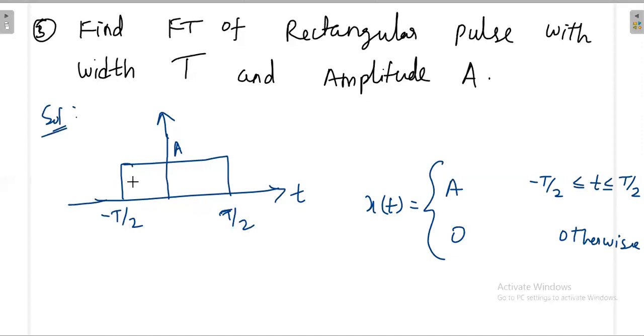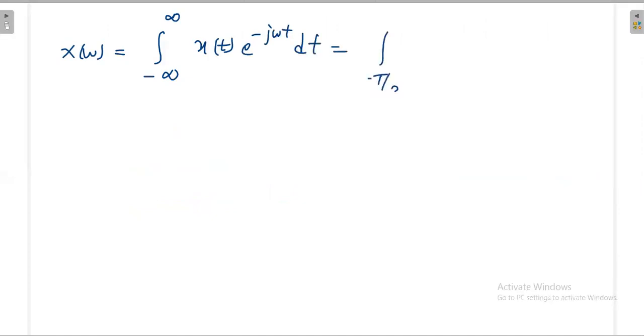This given signal x of t is absolutely integrable because it has finite area if you take the integration. Then X of omega is equal to the integral from minus infinity to plus infinity of x of t e power minus j omega t dt, which becomes the integral from minus T by 2 to plus T by 2.